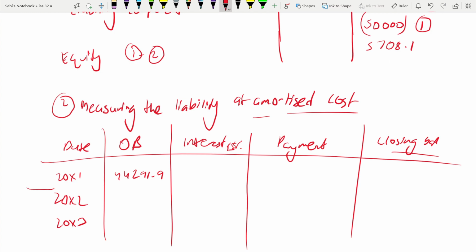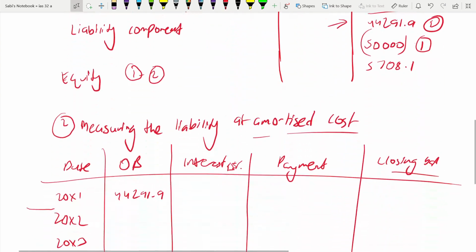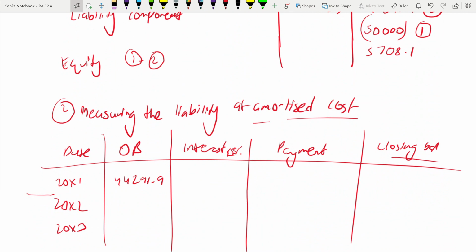So then interest is at 15%. You have to always take the interest at the rate without conversion, that is 15%, right? So 15% on this amount. On which amount? 44291.9 will be 6643.8. Now the payment will be 5,000 only, the coupon that you have done. Deduct your payments because from this amount of bond you are paying 5,000.